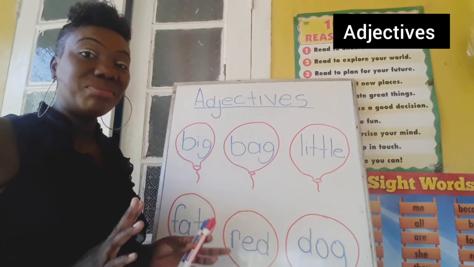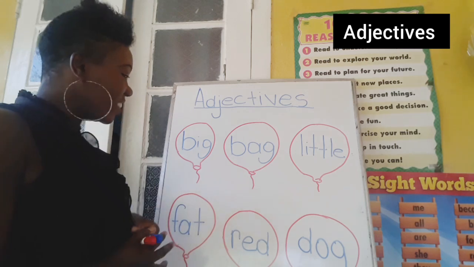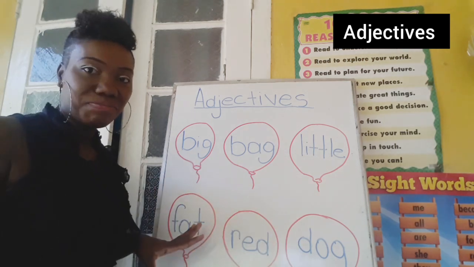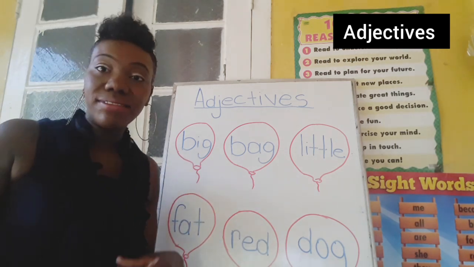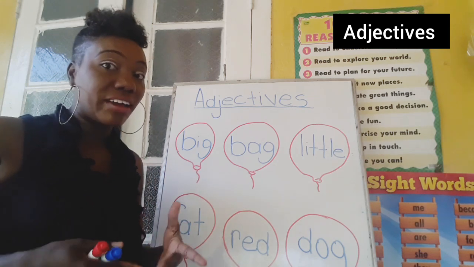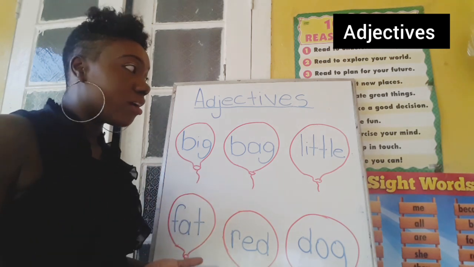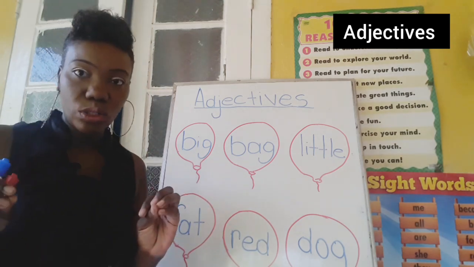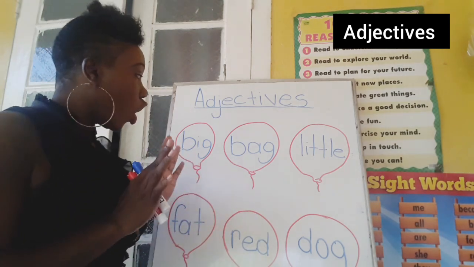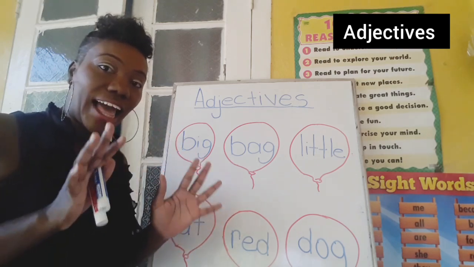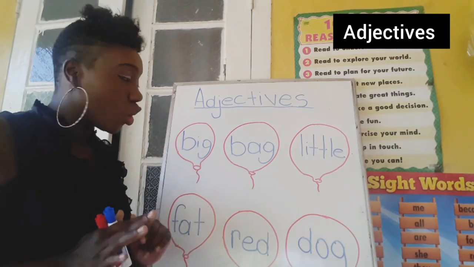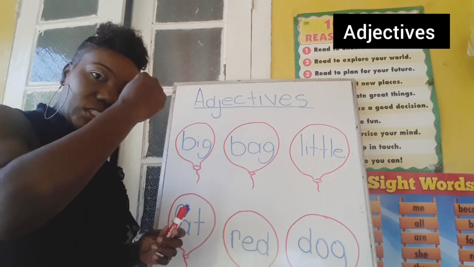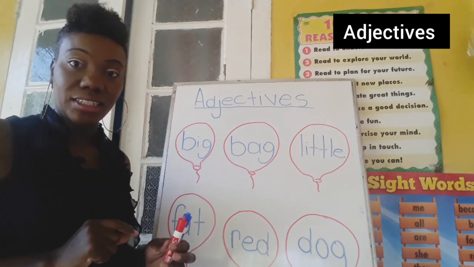Now it is game time. So see, I have some balloons right here. And on my balloons I have adjectives. Some words are adjectives and some words are not. So this is what you're going to do. All the balloons that have adjectives, we're going to tick them. We're going to give them a tick because they're correct.